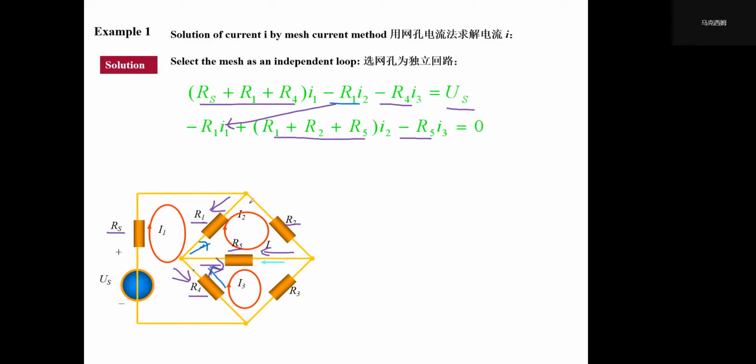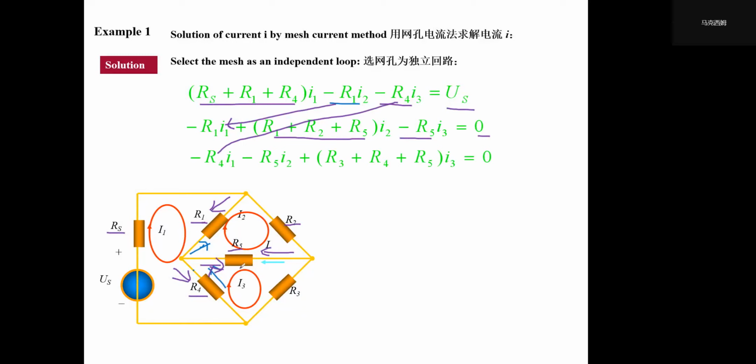And since the second mesh has no sources, we leave the right end of the equation to be 0. And we can list the equations in the third mesh. Still, we just directly copy this one here because their relationship is already done.